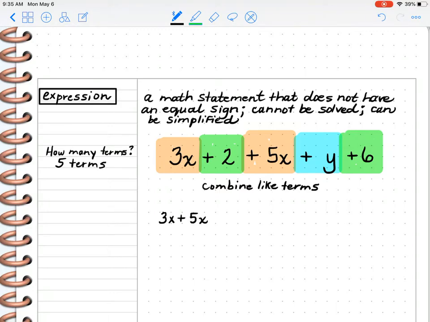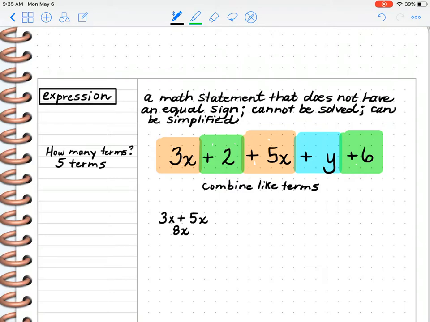The coefficients don't matter. They're like terms because they're x's. So I can simplify this a little bit by saying 3 plus 5 is 8. So think of that as 3 x-rays plus 5 x-rays, total of 8 x-rays.